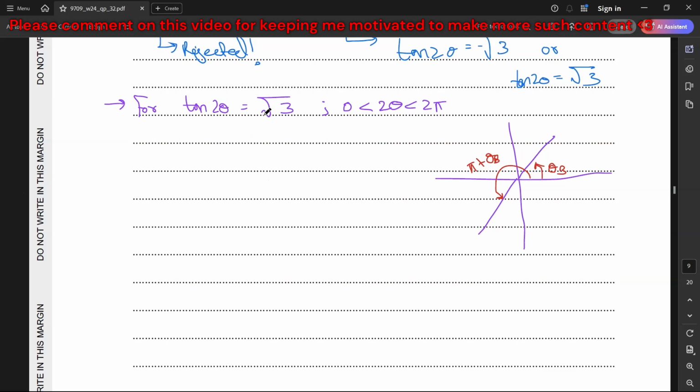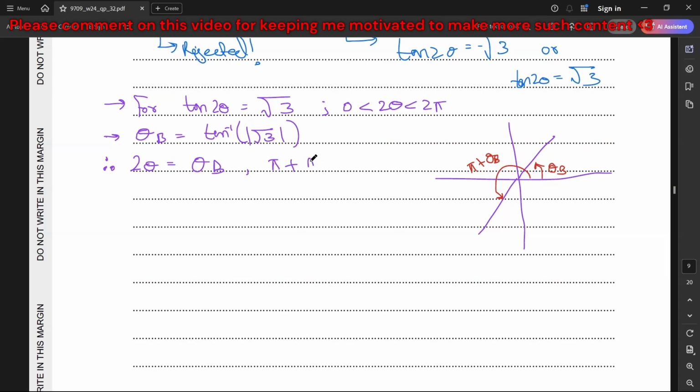Even if it was negative, I can take positive as well. So over here my theta basic will always be tan inverse of the modulus of whatever is written over here, and modulus of root 3 is root 3 itself. So tan inverse of root 3 is theta basic. So from here I get that 2 theta is equal to theta basic and pi plus theta basic.